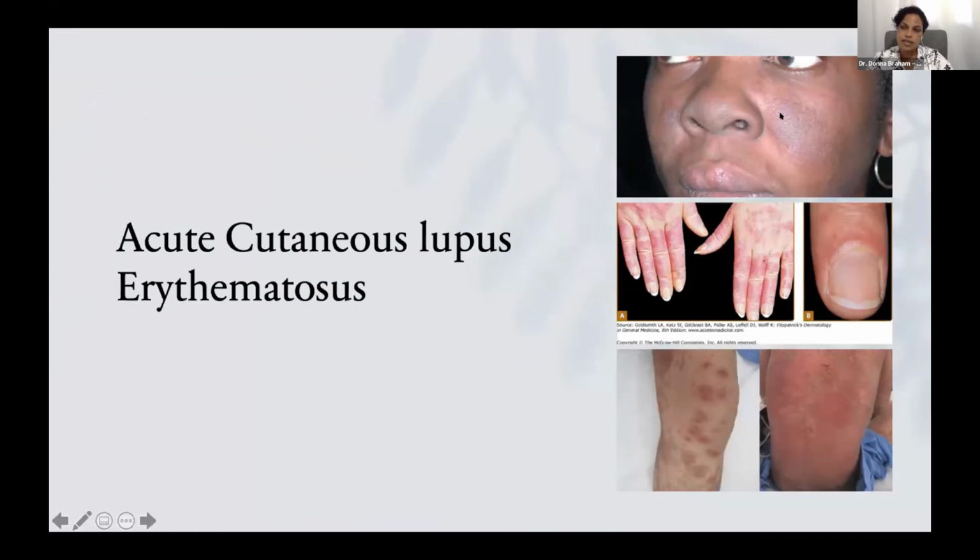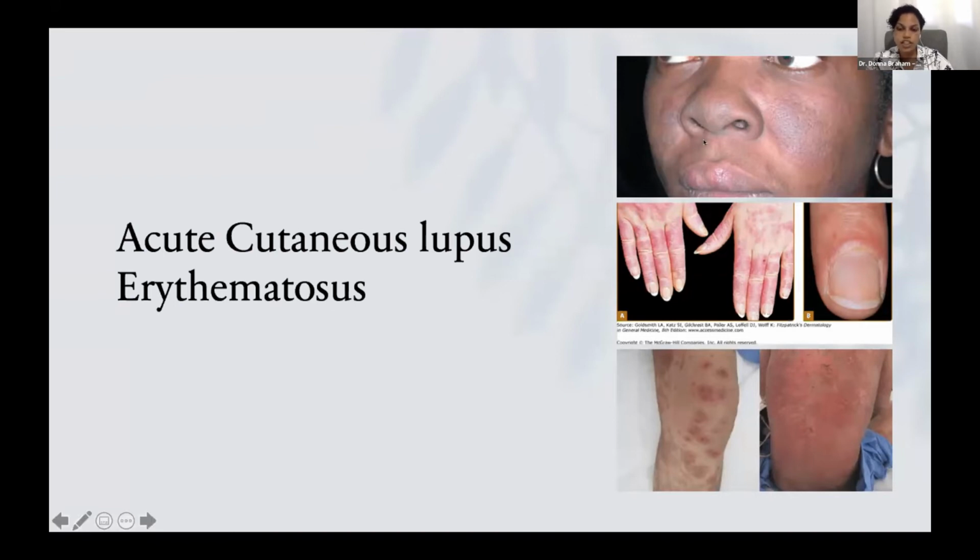You get erythema and swelling on the cheeks with sparing of the nasolabial fold. It also occurs on the tip of the nose. This tends to be very transient, and once the patient is treated, it goes away without any scarring at all, unless it got infected or something like that. That's the only way you tend to get scarring with that.